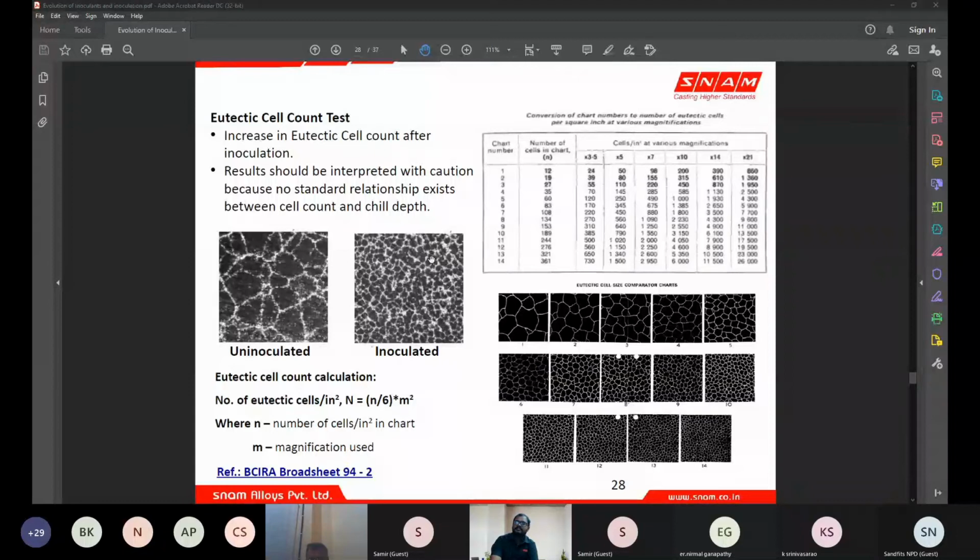The more the cells, the better the nuclei produced. The better the nuclei produced, the better the inoculation effect and graphitization. So it is always intended to get a higher eutectic cell count after inoculation. This is a standard conversion or comparison chart which is available.